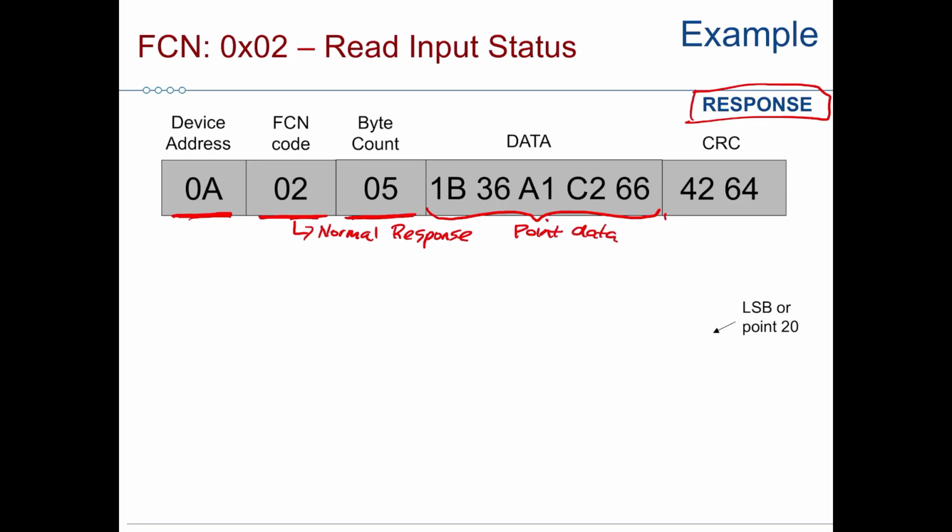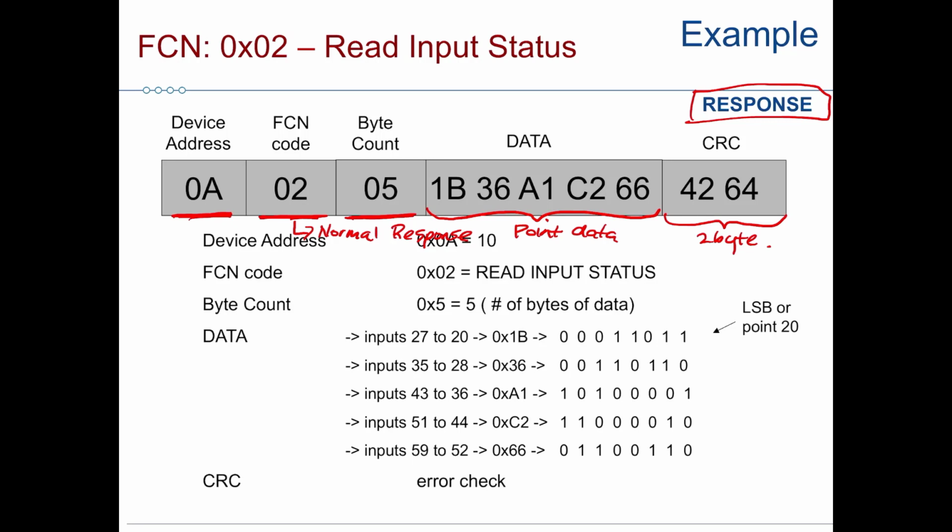And then of course you have your 2 byte CRC. So what does that look like? Device address echoed back as slave 10 or server 10. Function code echoed back as read input status with no flagging of an exception, so we're good. And then a byte count of 5. So we've got 1, 2, 3, 4, 5 bytes, because remember it takes 2 hexadecimal numbers to represent 8 bits.